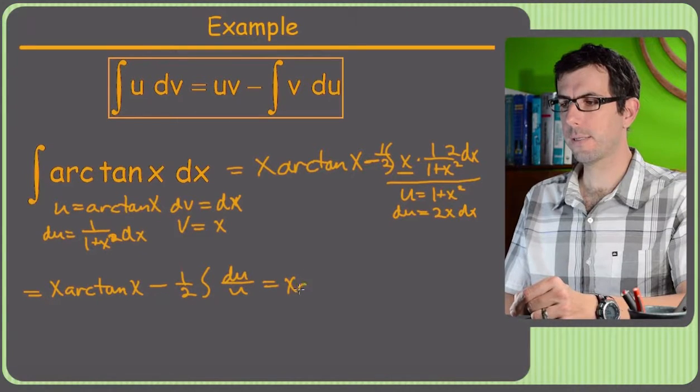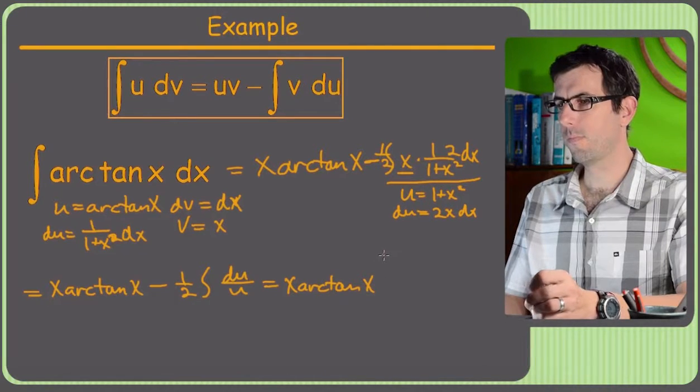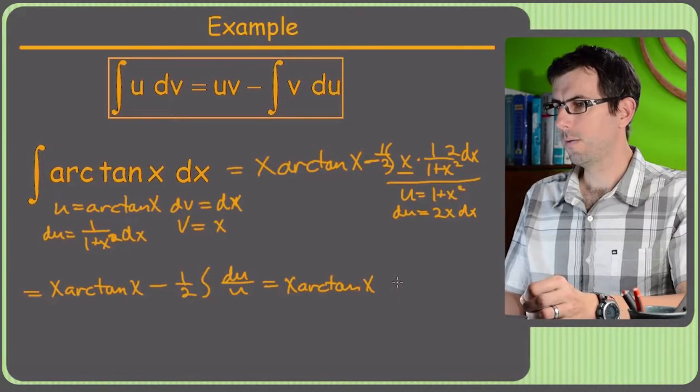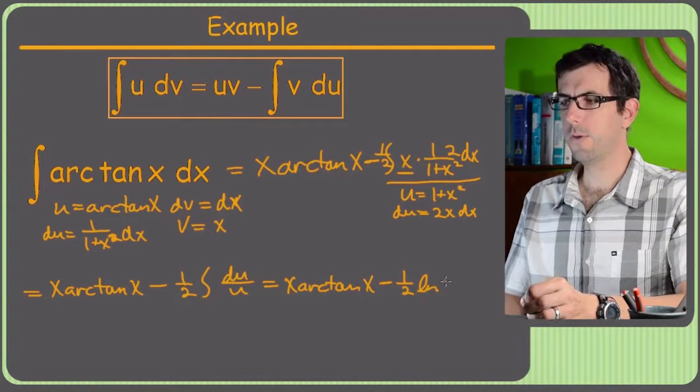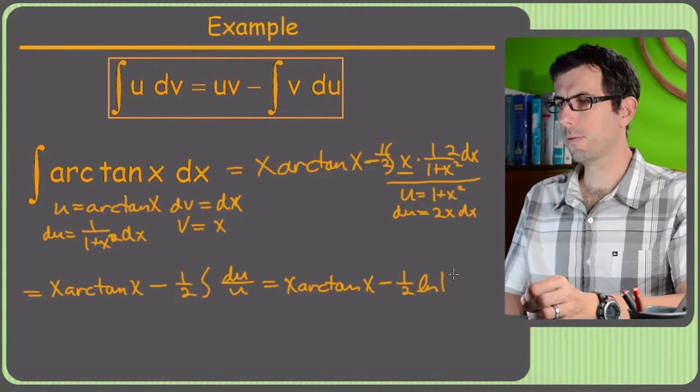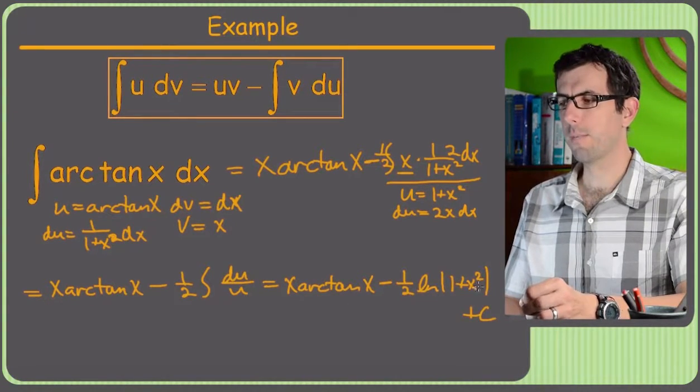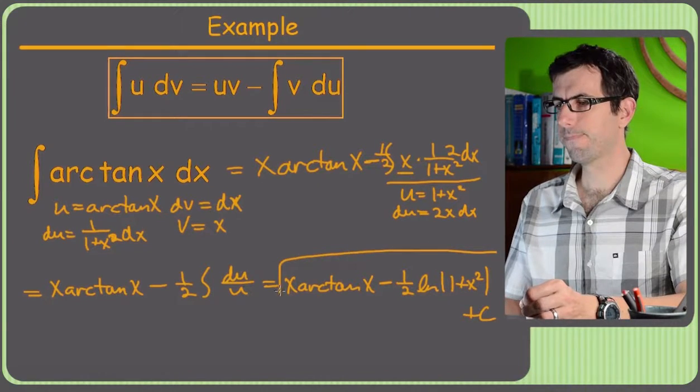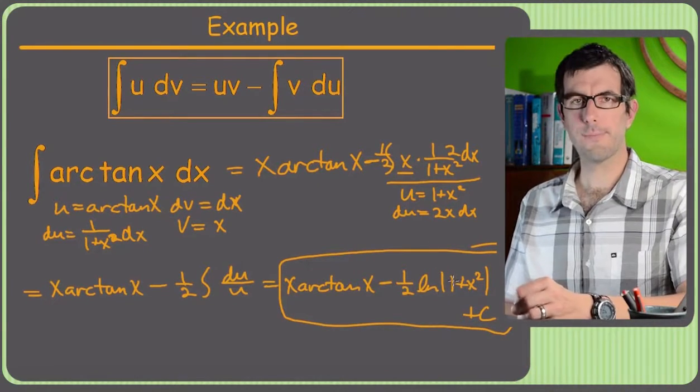So we got x arctan x minus 1/2 ln of u, which was 1 plus x squared, and of course plus c. Don't want to forget your plus c. All right, pretty fun stuff.